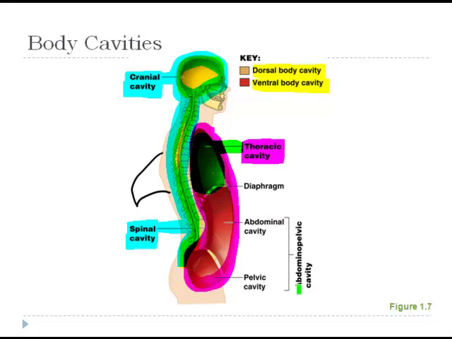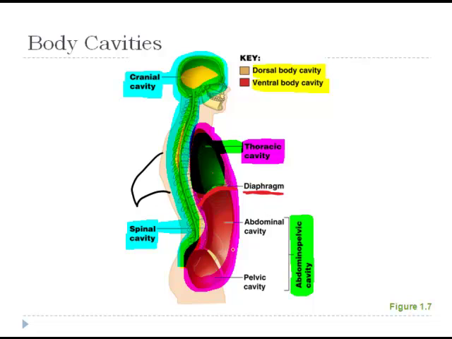And then you have the abdominal pelvic cavity, which can further be split up into the abdominal and the pelvic cavity. Notice here that the thing that is separating the two is a diaphragm. So there's a definite section between the thoracic cavity and the abdominal cavity formed by the diaphragm.